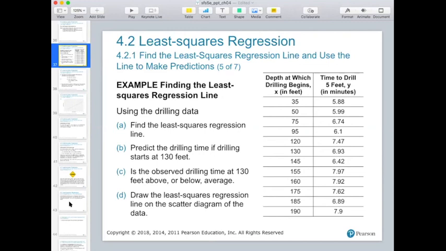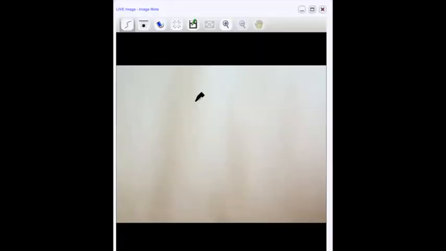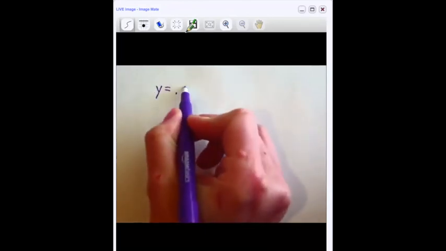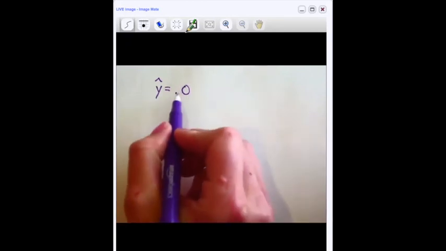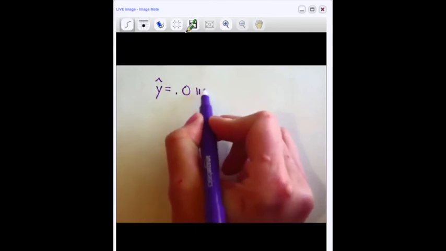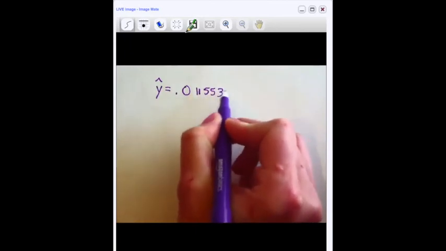I'm going to switch over and write this down so you can see it. So the equation for our least squares regression line is, let's keep it consistent, y hat equals 0.011553. I'll keep all of those.